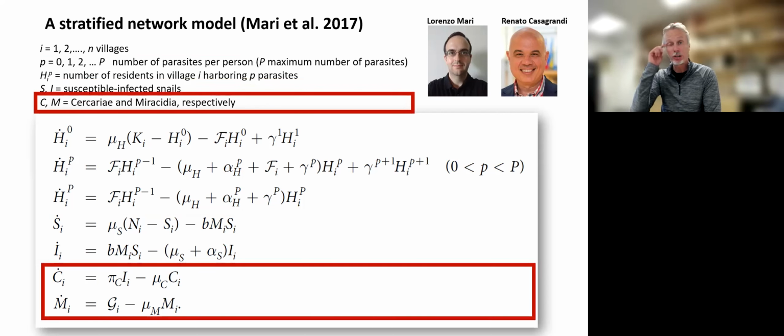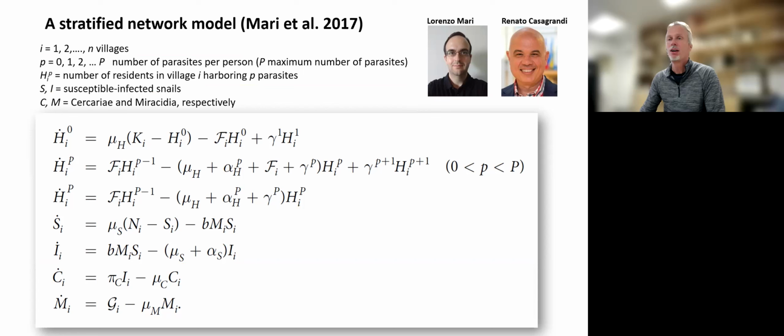And then we also had to track the shedding of cercaria, the infective stages for humans, so the shedding from the snail into the water, the free living stage, and the other free living stage, that is when the eggs that are released with feces or urine by infected people get in touch with the water, they hatch, and they release the miracidia that eventually swim and infect snails of the specific species.